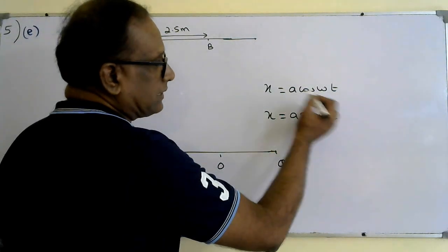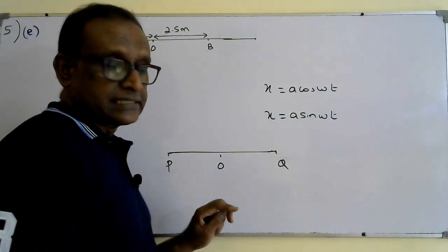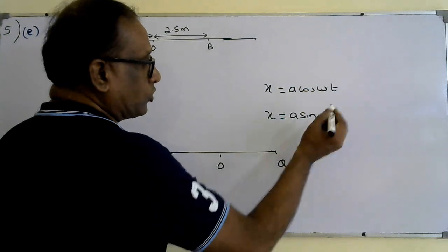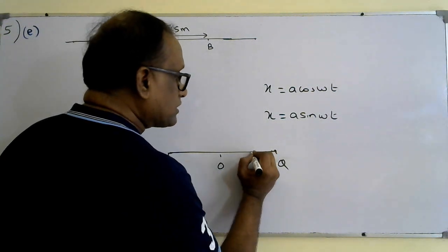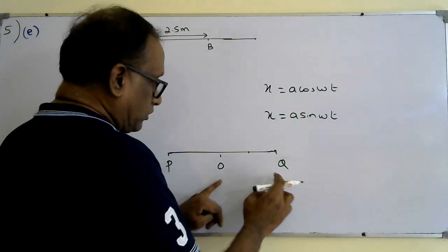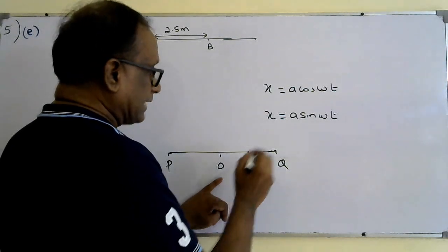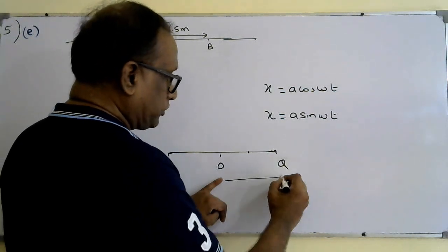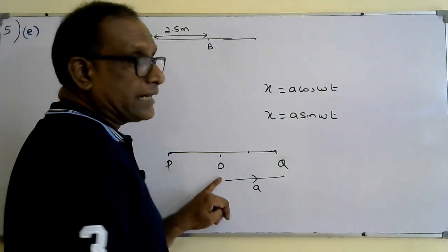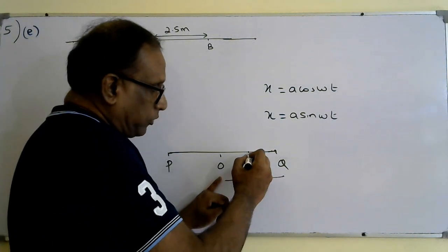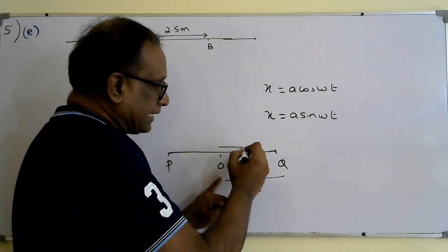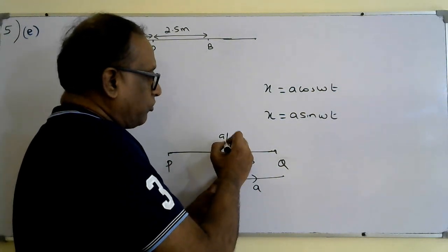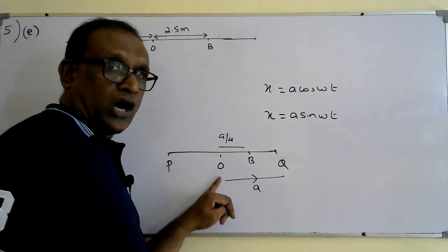You know the displacement is always measured from the equilibrium position. If a particle wants to move from Q to some other point, say Q from O is capital A, that amplitude is A. If a particle wants to move from Q to a point B, say the B is at a distance of A by 4, how long will it take?